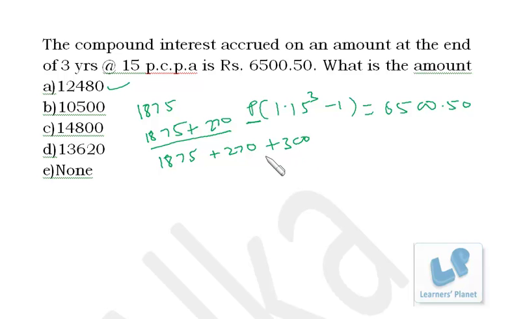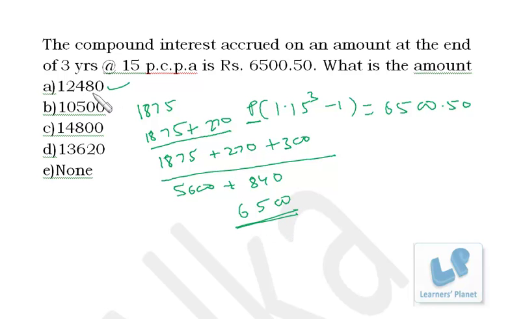If you add up all of them, 1875 three times, that is around 5600. I'm just taking around, though it is 5625, then 540 plus 300. So that is 840. So if you add both of them, you'll be getting something around 6500, right? And other options are quite far from 12480, right? So this is the closest option, and that's the correct answer. Okay?